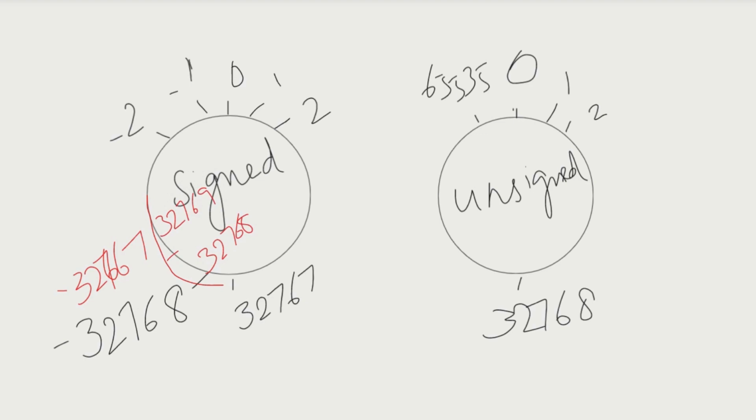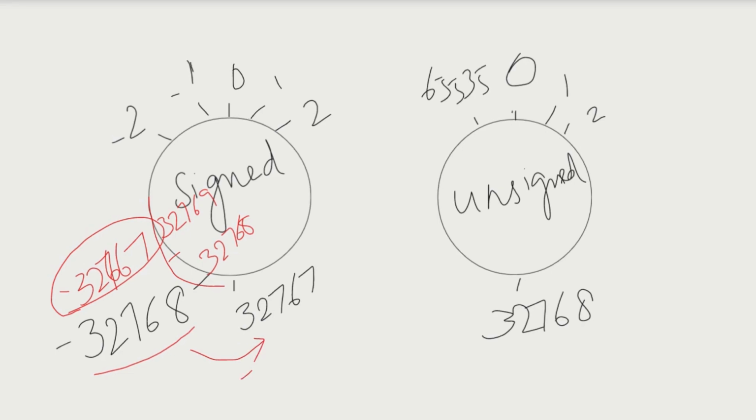But the actual value present here is minus 32767. So this value will get stored. And in the same way, if you want to store minus 32769 in the negative direction, but the limit is only till minus 32768, then it moves one position ahead in this direction. So here it becomes minus 32769, but the actual value present here is 32767. So now this value will get stored.